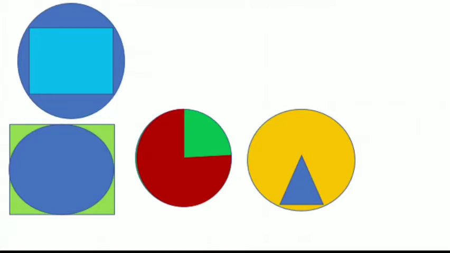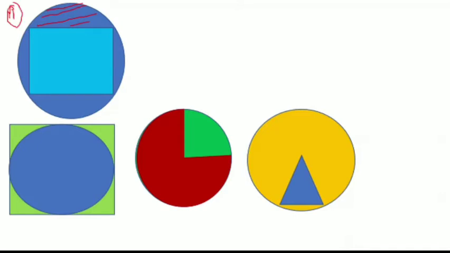Now let us take some examples here to find out areas like these. First of all, you have to see which area we need to find. Suppose we need to find the area of this shaded portion, the dark blue part. Let it be the first figure.